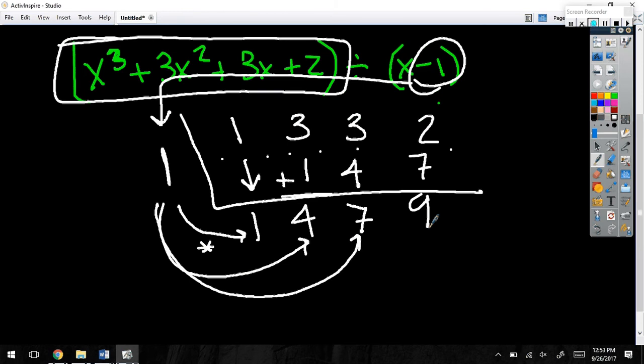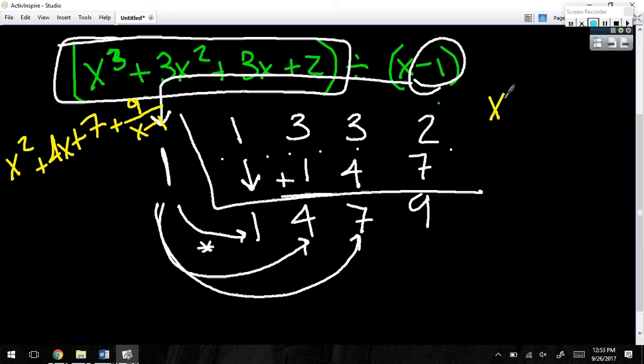Now, if you flip back over to your homework, what number did I tell you this one was? Number 5. If you checked your work when you did your homework, you should have gotten x squared plus 4x plus 7 plus 9 over x minus 1.